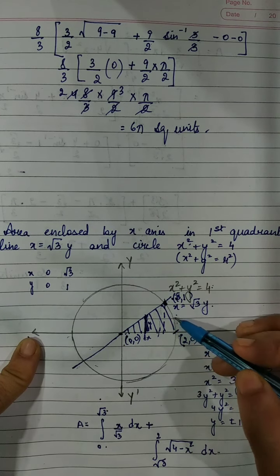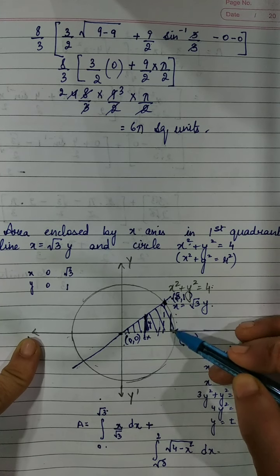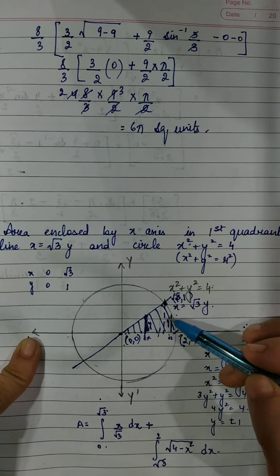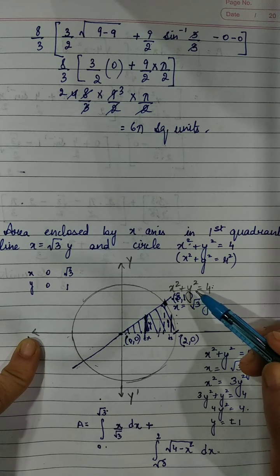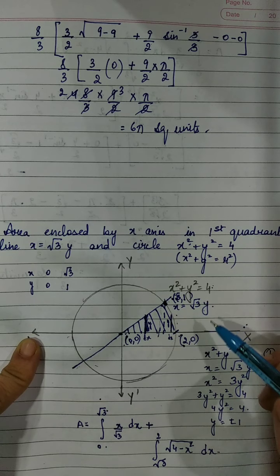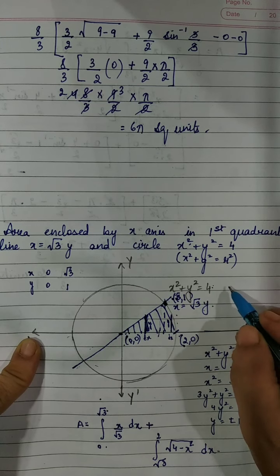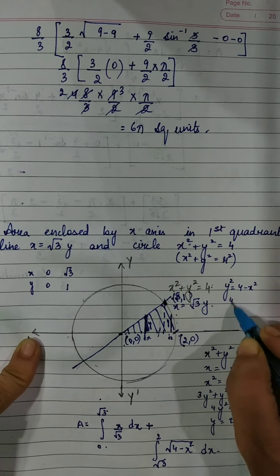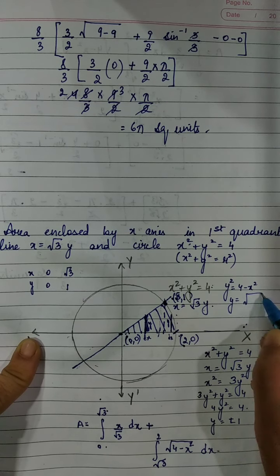Taking this strip parallel to the y-axis with width dx, consider the equation of the circle in terms of x. x square plus y square is equal to 4, so y square is equal to 4 minus x square, or y is equal to under root of 4 minus x square, dx, right?